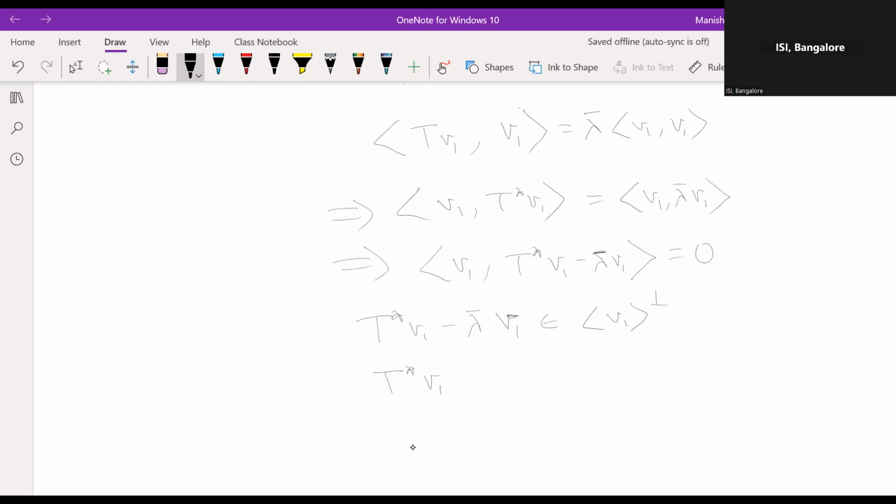If I show that T star V1 is orthogonal to W, then it has to be in V1, a span of V1.